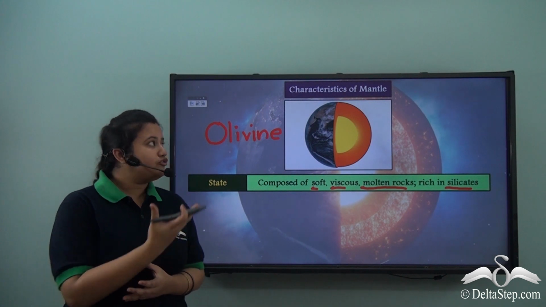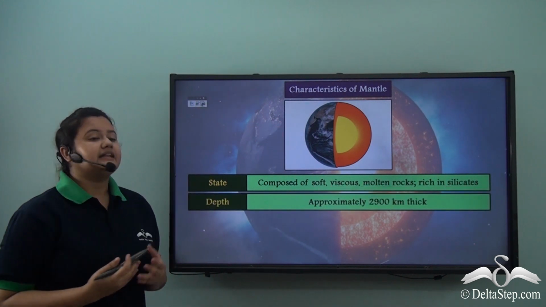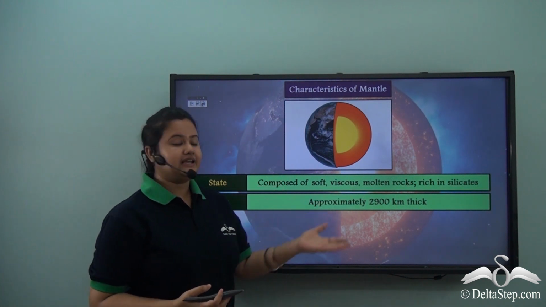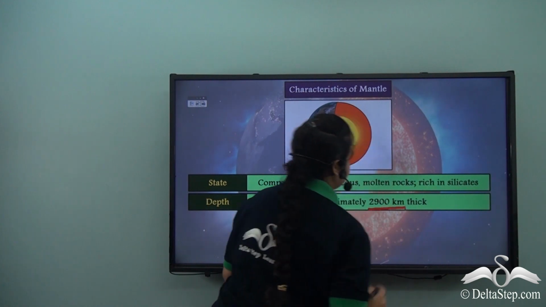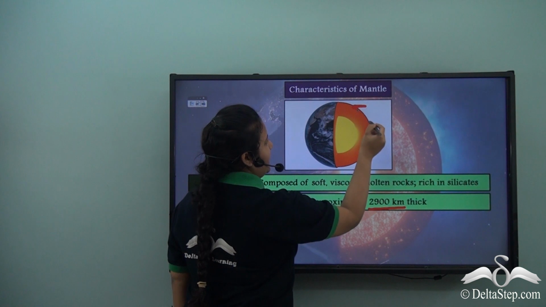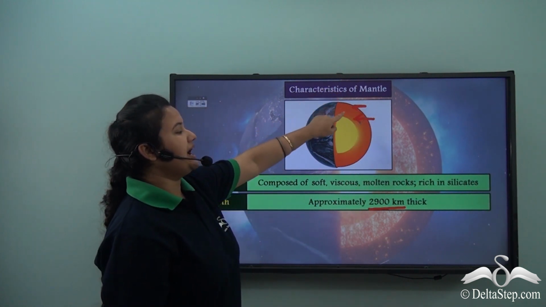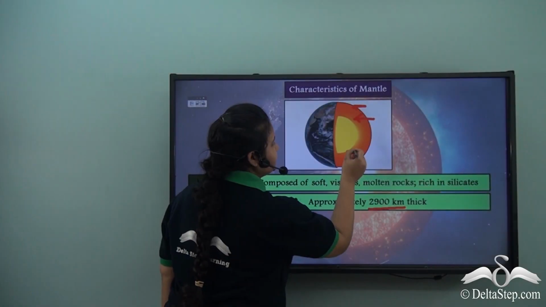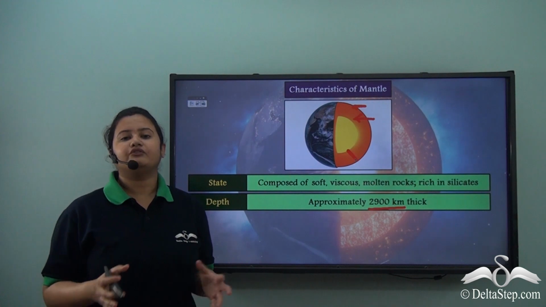Now, let's see how far this layer extends. The depth of mantle is approximately 2,900 kilometer. See, this is crust and the middle layer of the earth is mantle. So mantle lies below crust. So the thickness, that is this much, is 2,900 kilometer.